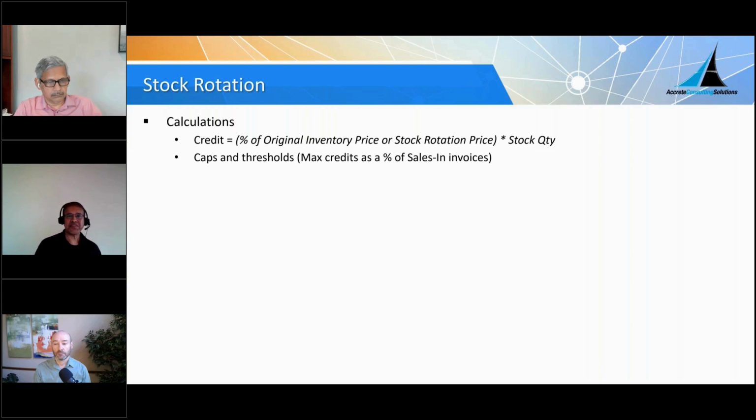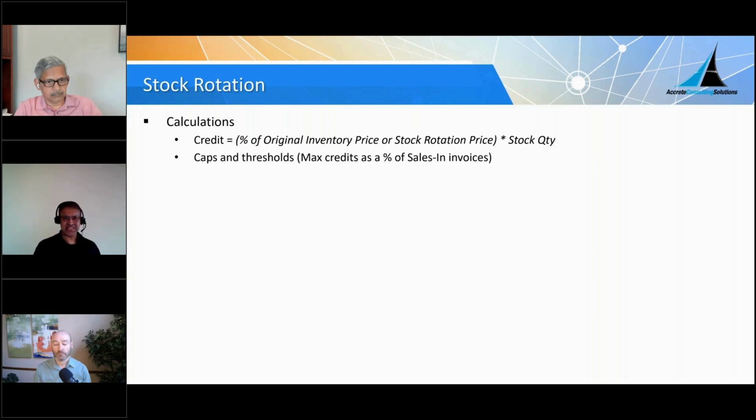So as part of the calculation, you can specify that I'm going to credit you a percentage of the original inventory price, or you can specify what the actual stock rotation price is, and then whatever quantity you have in stock, you multiply by that, and that's your credit. And you can also apply some caps and thresholds.